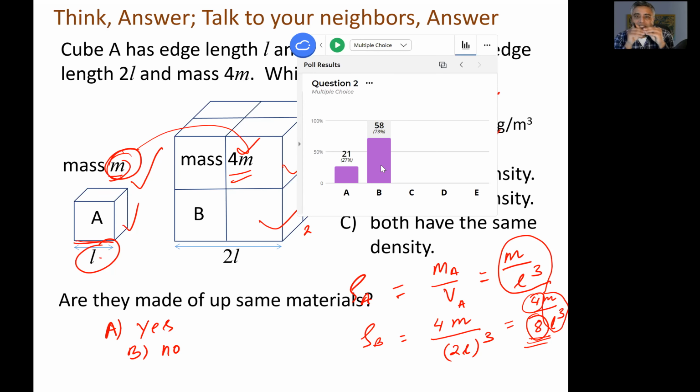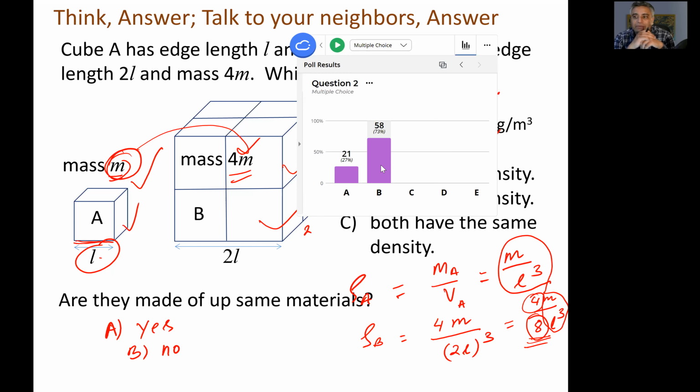So what happens is if we know density, and that means one kind of material has one density, same density. So for example, we may have, let's say, an iron ball or iron block or iron rod.